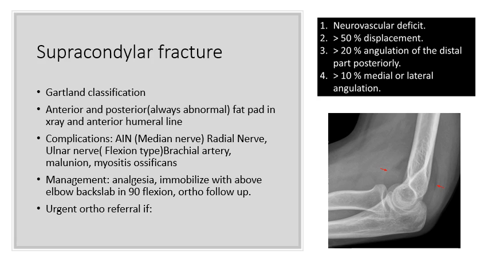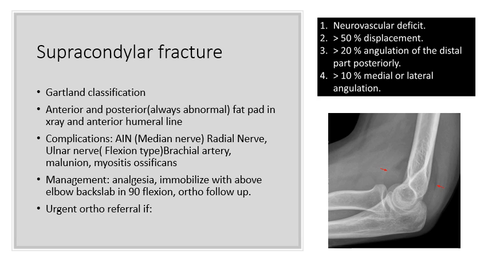Neurovascular deficit, if there is more than 50% displacement, if there is more than 20% angulation of distal part posteriorly, if there is more than 10% medial or lateral angulation. These need urgent orthopedic referrals.